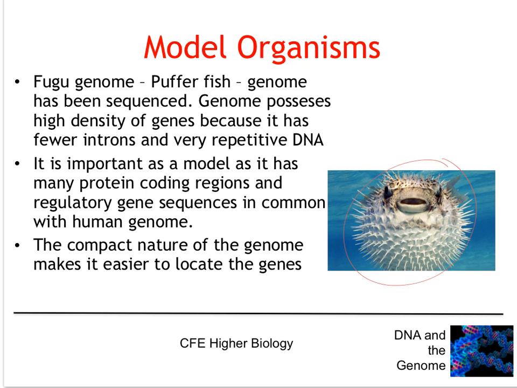And it's an important model as it's got lots of protein coding regions and gene sequences that are common with the human genome. And because it's got these fewer introns, it's quite a compact genome, so it makes it easier to locate the genes.